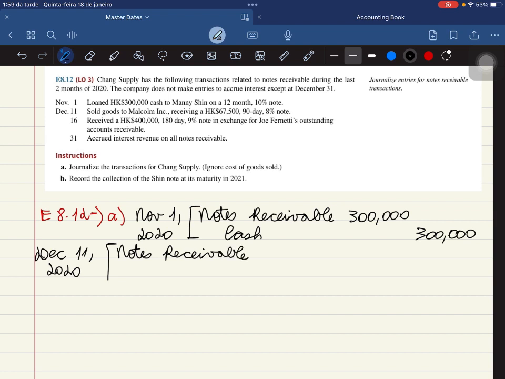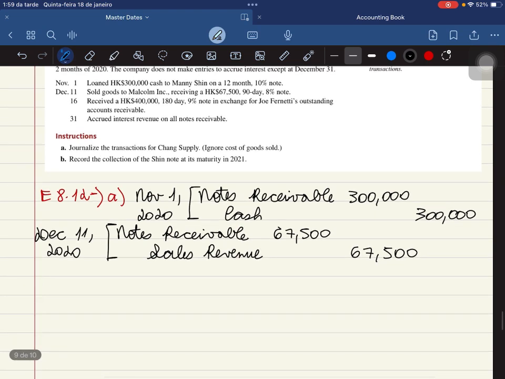You got this note because you sold goods to Malcolm, which means that this is your sales revenue, not cash in this case. And then it's going to be 67,500.